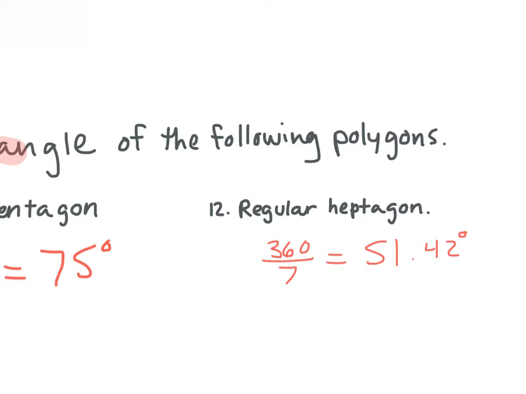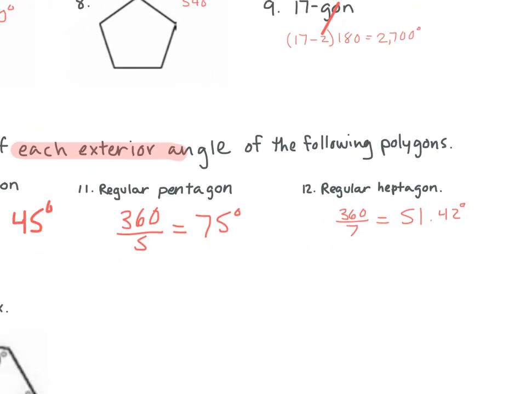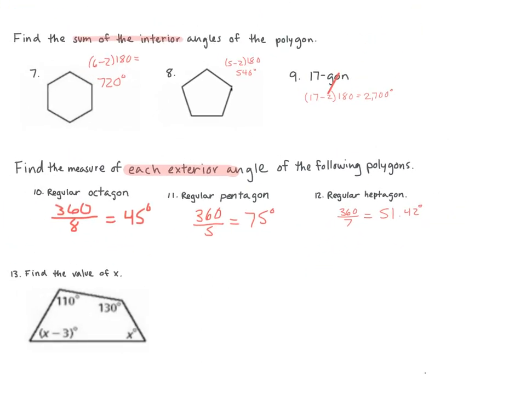Why does it say regular in front of it? Because we can't find each angle if it was irregular. So would it ever say irregular? No, right? If it's a question like this, it would say regular. Because if it was irregular, all the sides are going to be different, so we wouldn't be able to find each one.